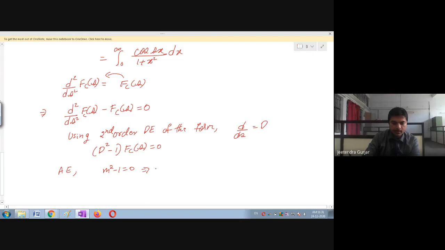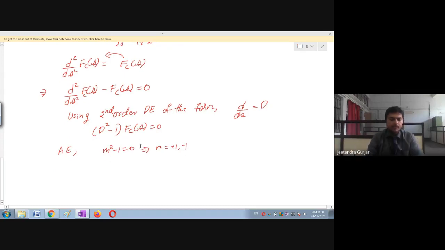That implies m is equal to plus 1 or minus 1, students. So please remember the general solution of this equation when the roots are real. So what do we get as the general solution, students?